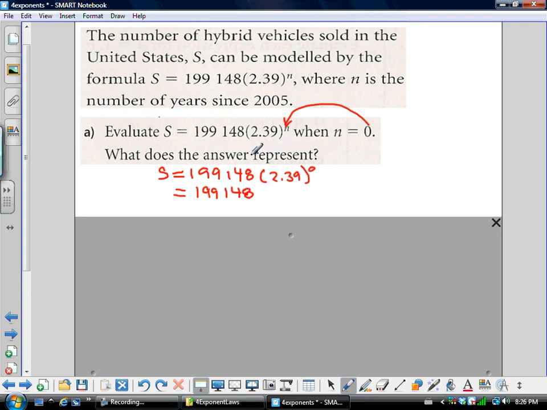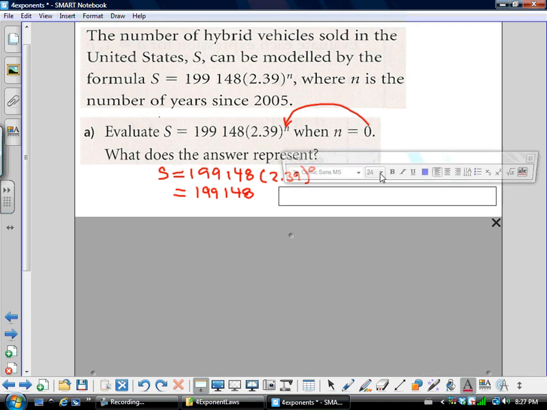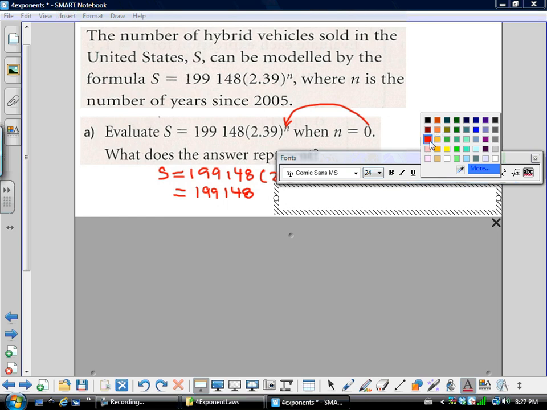So that tells me a few different things. It says, what does the answer represent? Well, this n is the number of years since 2005. So when n equals 0, that is the year 2005. So in the year 2005, this is the number of vehicles that was produced. So I'm going to switch to typing mode, and I'll continue with the red.